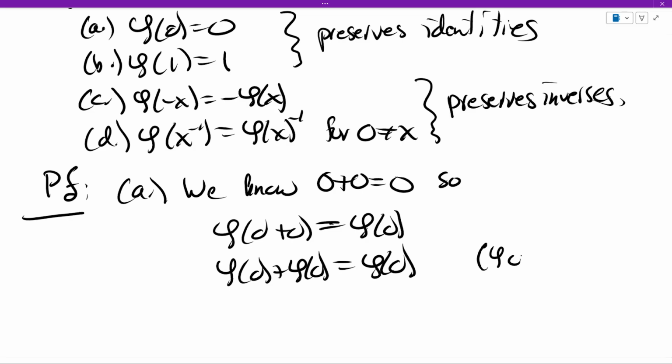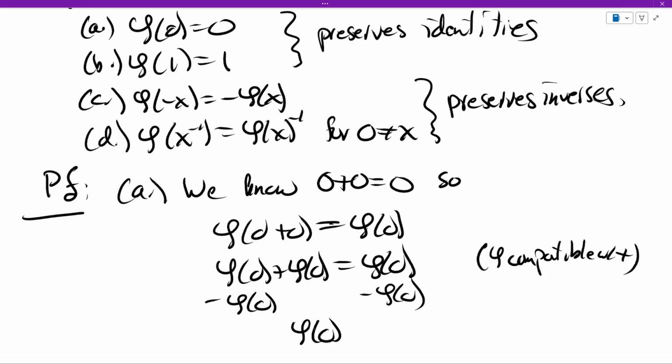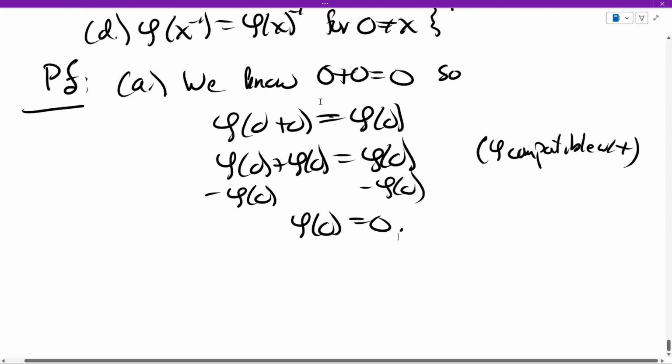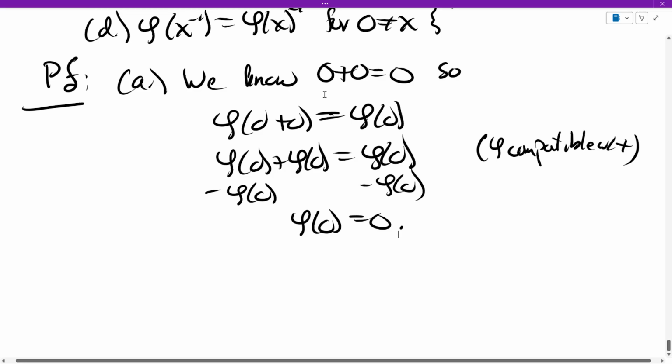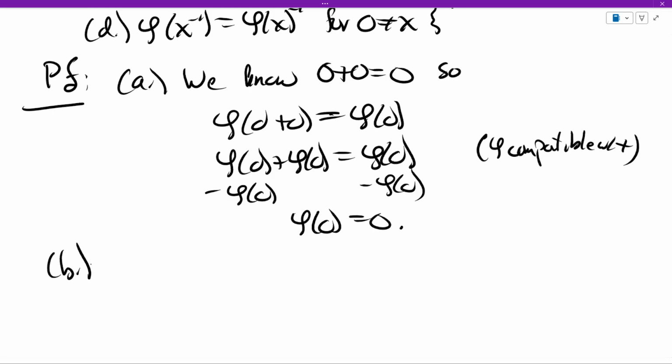So phi is compatible with plus, as phi of 0 plus phi of 0 is phi of 0. And then we can subtract phi of 0 from both sides. Phi of 0 is therefore 0. Cool. All right. So it preserves the additive identity.